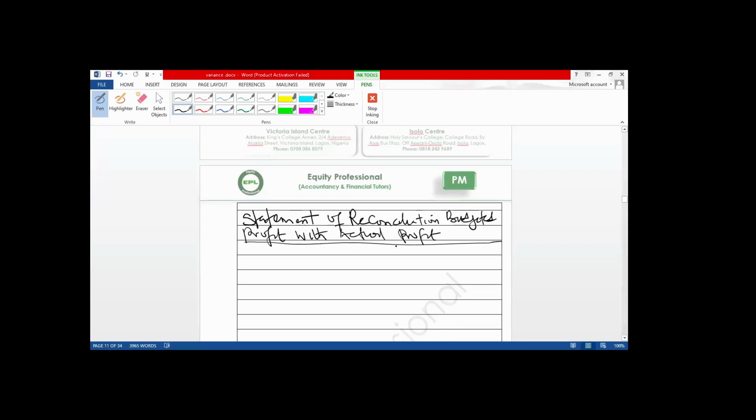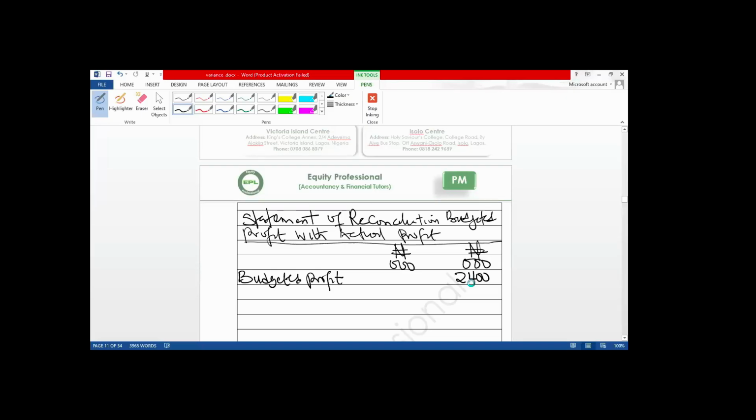We have our naira sign. Again, let's assume 20 up for convenience. Start with your budgeted profit, 2,400,000.